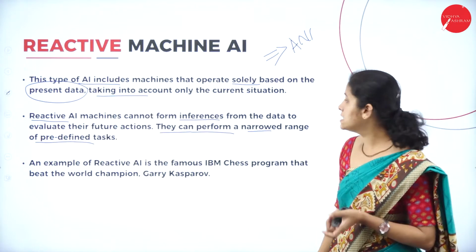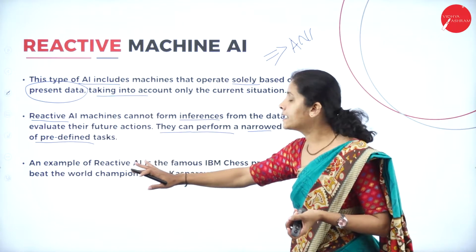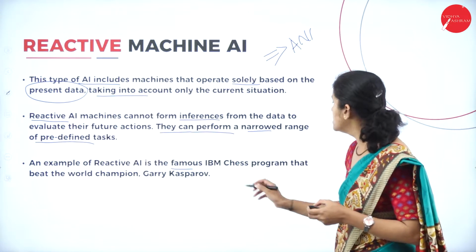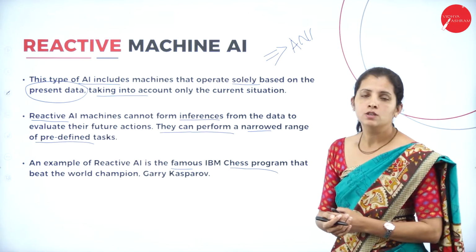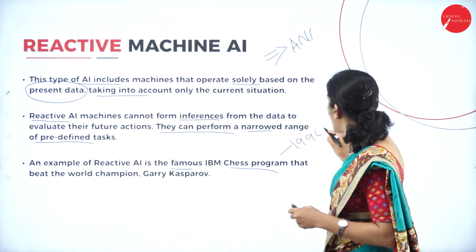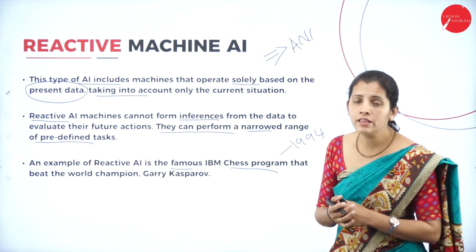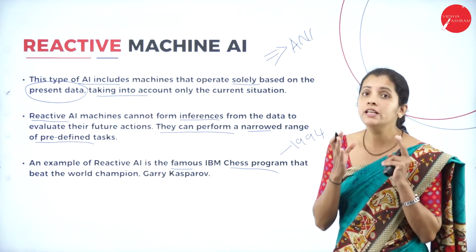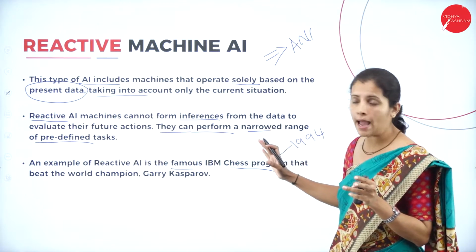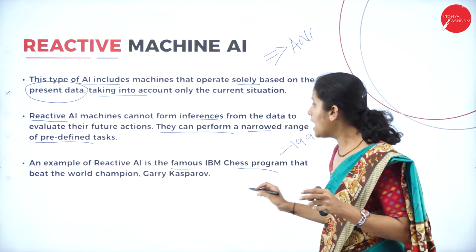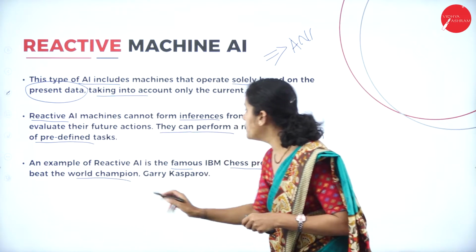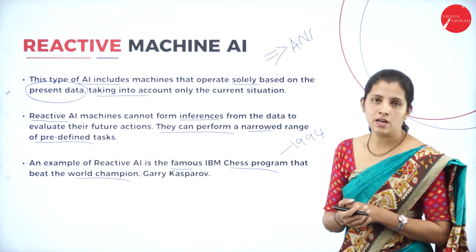The best example for reactive AI is the famous IBM chess program. In the year 1994, IBM came with an artificial intelligence machine, that is a chess program, which beat the world champion Gary Kasparov.